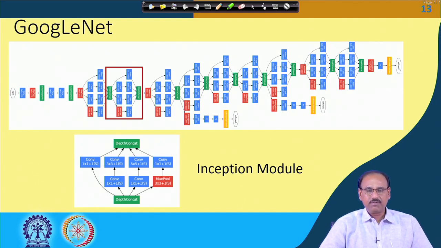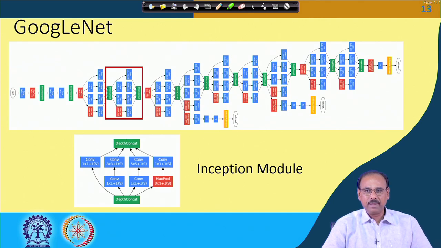All these features at different scales are computed by the inception module in GoogleNet simultaneously, and the outputs of each of these convolution kernels are stacked one after another to give you the feature map from a particular inception module.